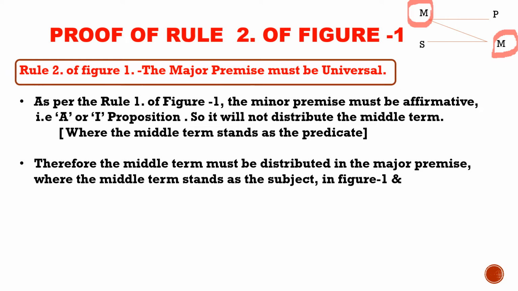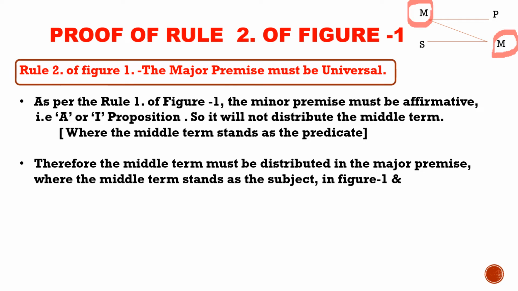Right? So if it stands as the subject of that proposition, that proposition must be universal. Then only the subject term of that proposition will be distributed, because only universal propositions distribute the subject terms.